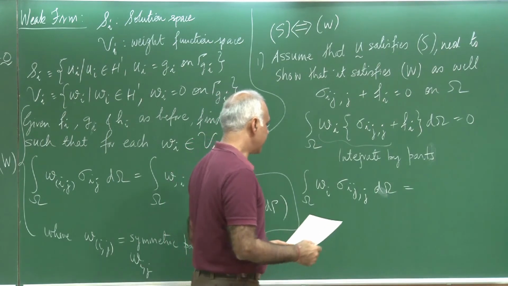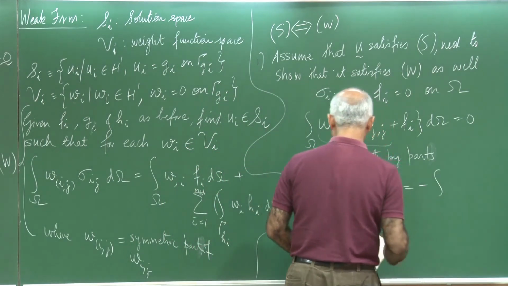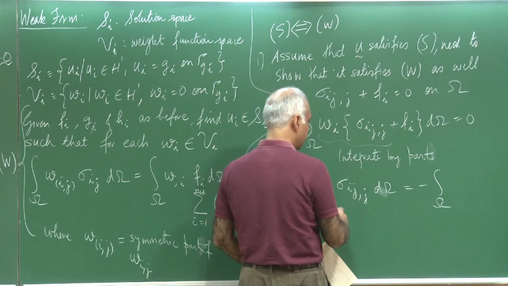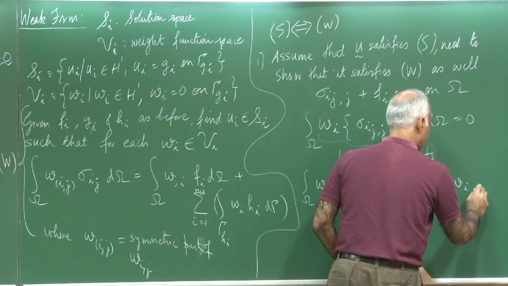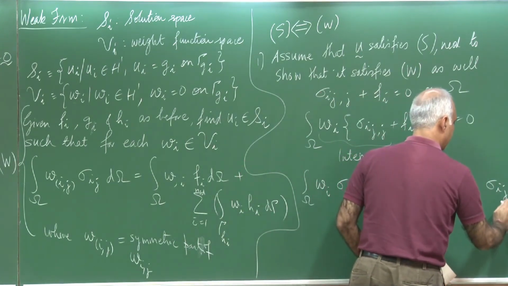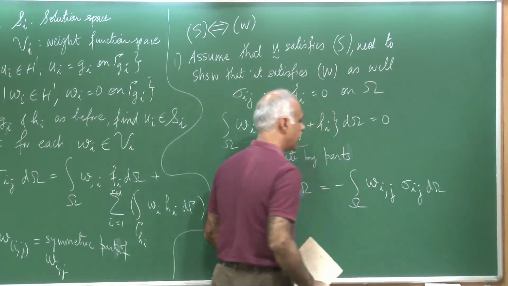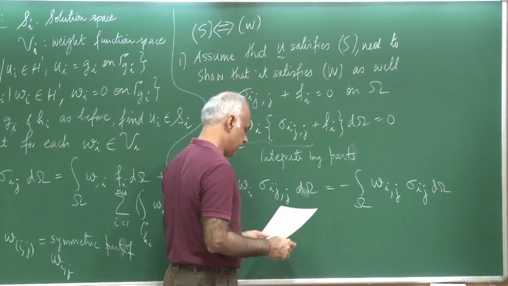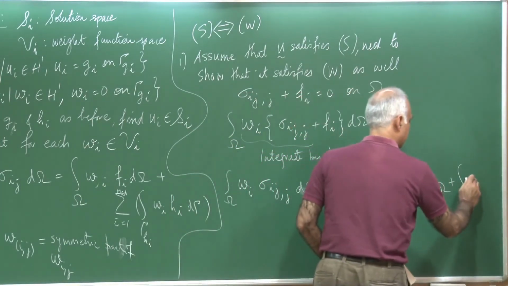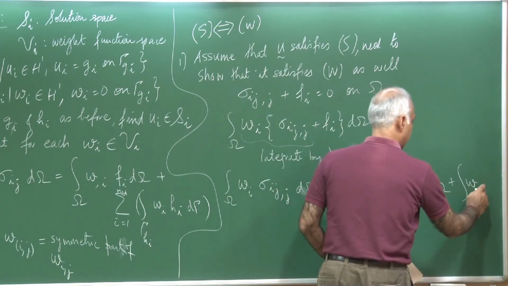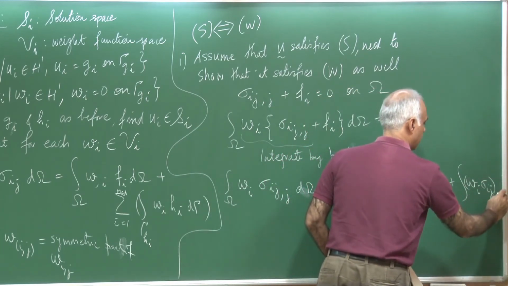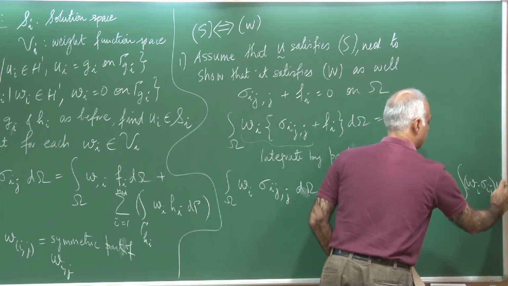This I can integrate by parts, and the first term would be minus the integral over omega. So I transfer the derivative onto W i,j, and this is sigma ij d omega. That is the first term, and the second term would be essentially (W i sigma ij),j d omega.